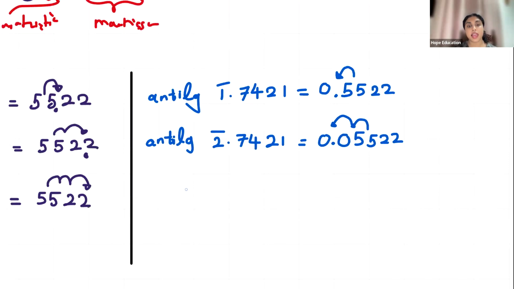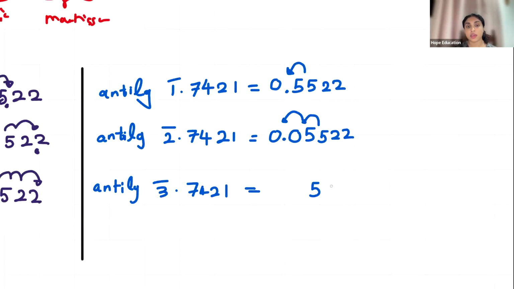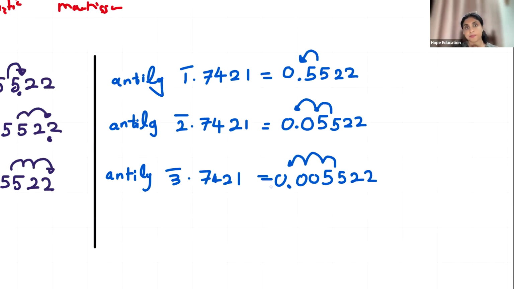If I say anti-log bar 3.7421, 7421 is a mantissa, that is 5522. Bar 3 means -3, so 3 points it has moved to the front. 0, 0, 0 down. That would be 0.005522. Is that clear?